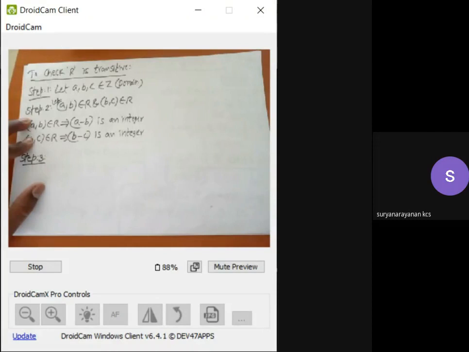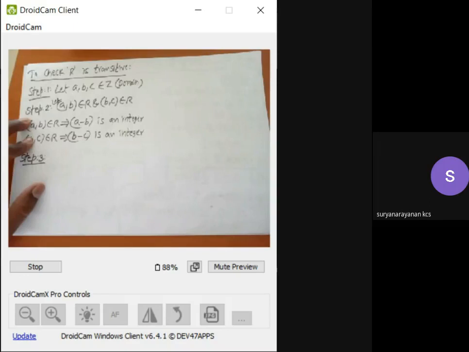Let us consider this is relation 1 and this is relation 2. Ordered pair (A, C) belongs to R means we have to show that A minus C is an integer. Yes or no? Yes, sir. Okay.